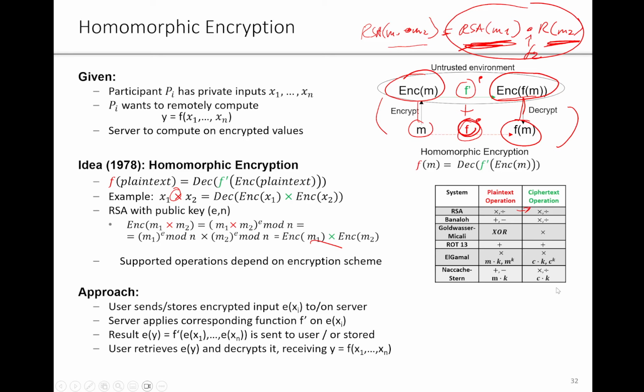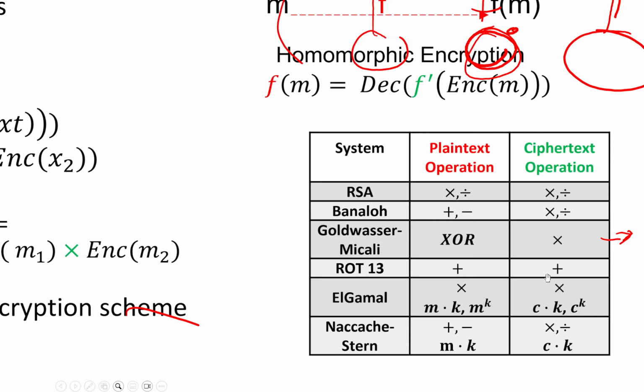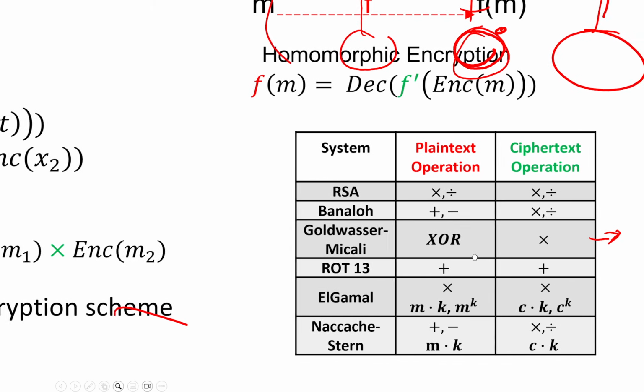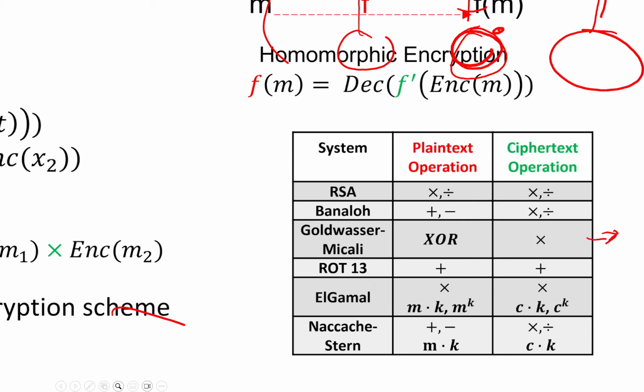Let's zoom in. But there are other kinds of encryptions. I don't know, XOR will be equivalent to multiplication in the ciphertext world, or plus and minus will result in multiplication and division, or plus is transferred into multiplication.